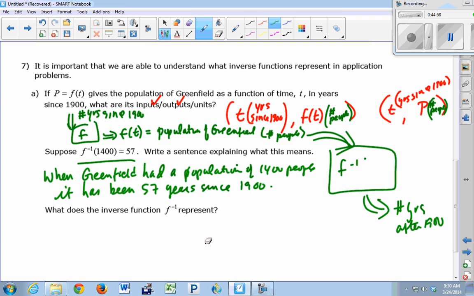So what does the inverse function represent? What does the inverse function of f represent? Let me help you. If I ask you what the f function represents, the f function tells me the population of Greenfield at any particular time after 1900. So what would the inverse function represent?